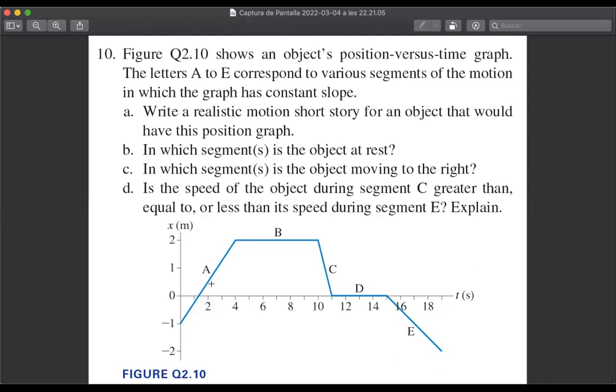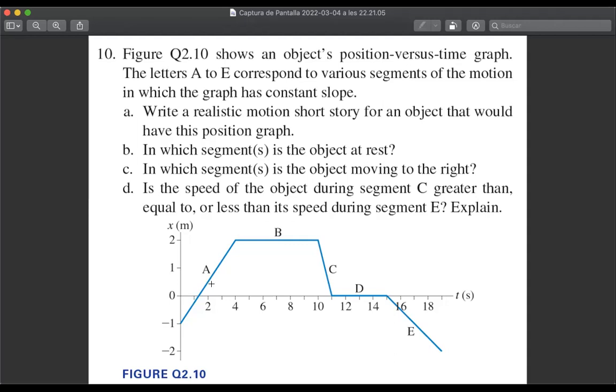So in interval A, the runner is running to the east, for example. And B, he or she is not moving, and C is running in the opposite direction. Okay, D, the runner is not moving, and E, continues running in the opposite direction when it starts moving, for example. So it can be a graph of a runner.